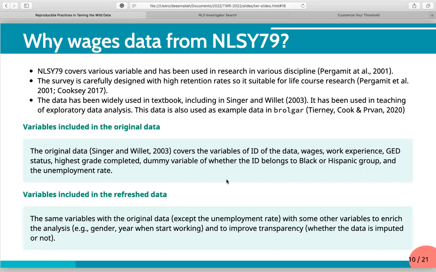In the refreshed data, we try to create similar variables as in the original data, but we add some variables which we believe will enrich the downstream analysis. To improve transparency, we also include other variables, such as a binary variable showing the implication of the data pre-processing, for example, whether the wages in that observation are imputed or not.